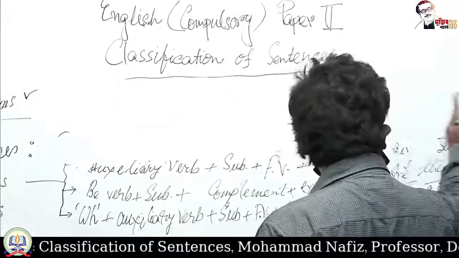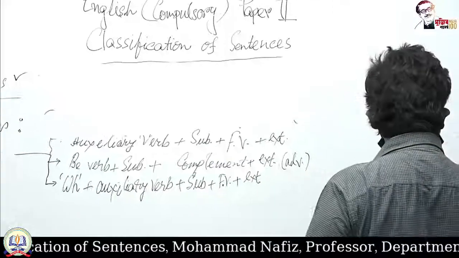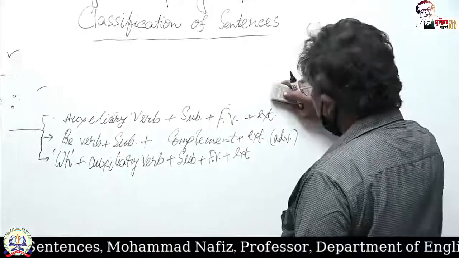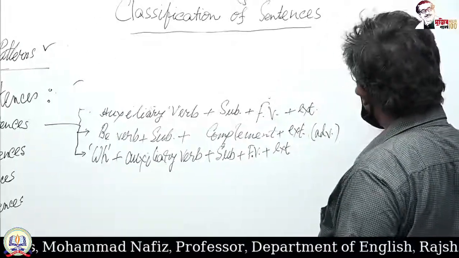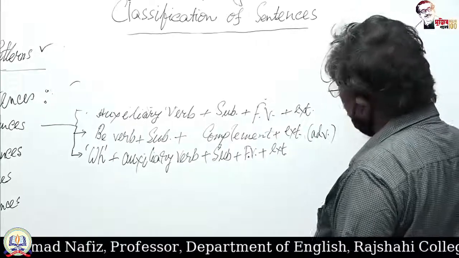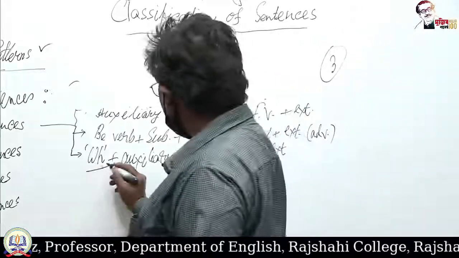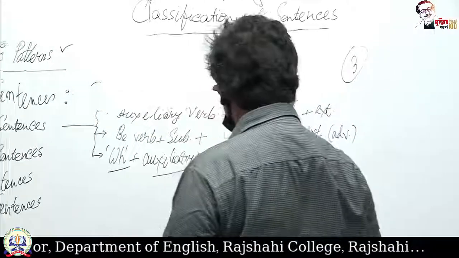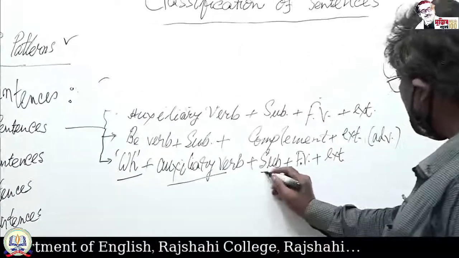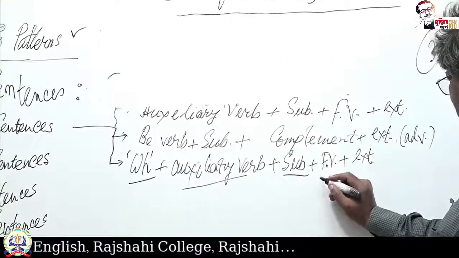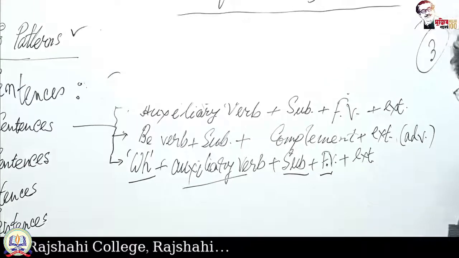Well, in the third pattern of interrogative sentences, we have a WH at the beginning, then comes the auxiliary verb followed by the subject, and the subject is followed by the finite verb and extensions.